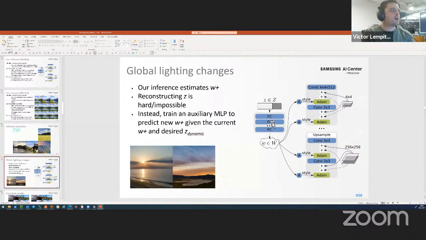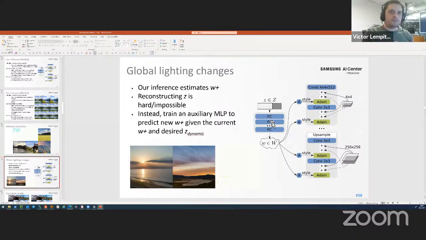So instead, we train an auxiliary perceptron which transfers movements in the Z space into the W space. That is, this MLP takes the current position in the W space, and it takes a desired shift in the Z space, and it predicts the corresponding shift in the W space. And we learn it on synthetic data.